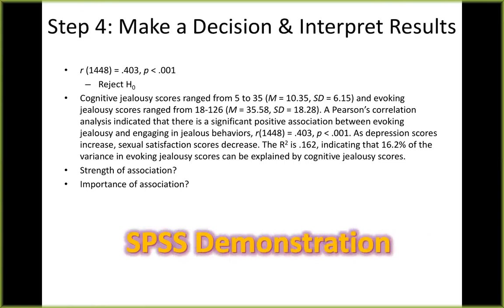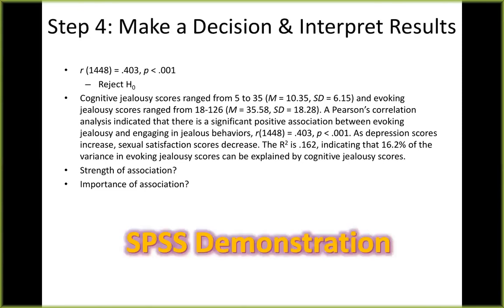I think for some variables, it can be really easy to say, well, of course, this helps us understand why people engage in these kinds of behaviors, trying to make their partners jealous, because it's actually coming from their jealousy, right? They're suspicious, and then whatever is happening for them, that translates into trying to make their partner jealous in return.